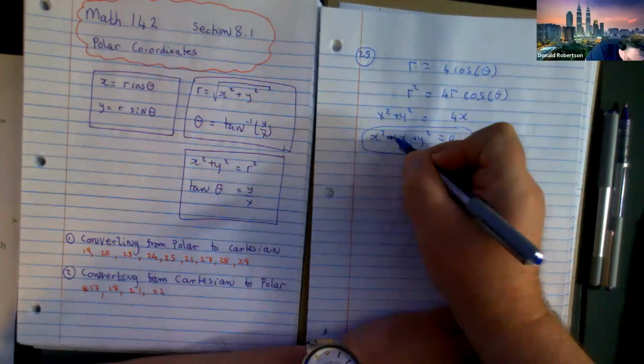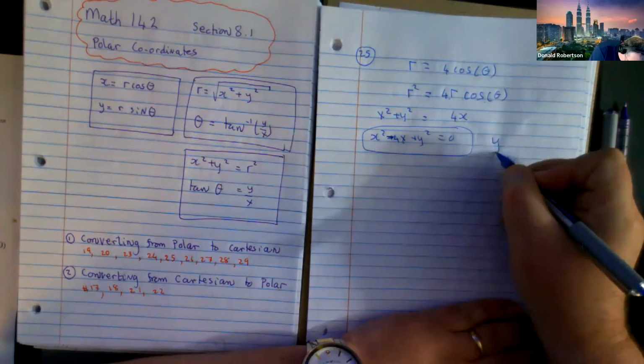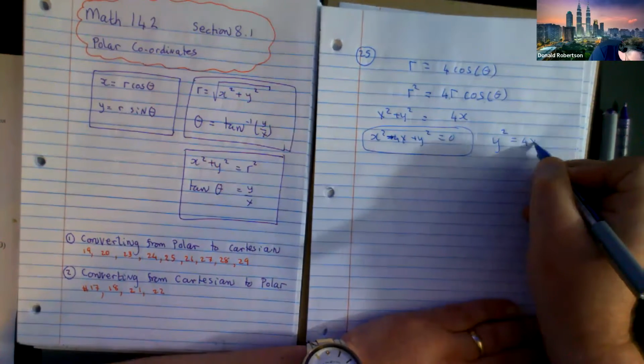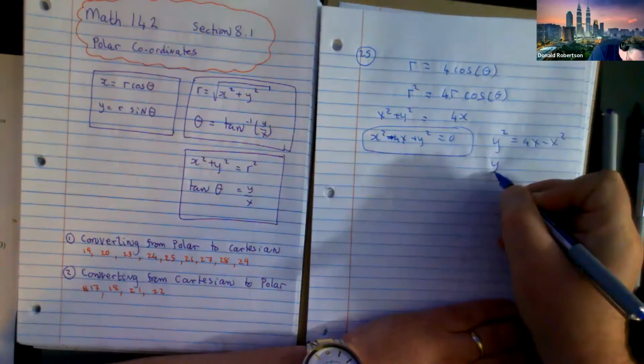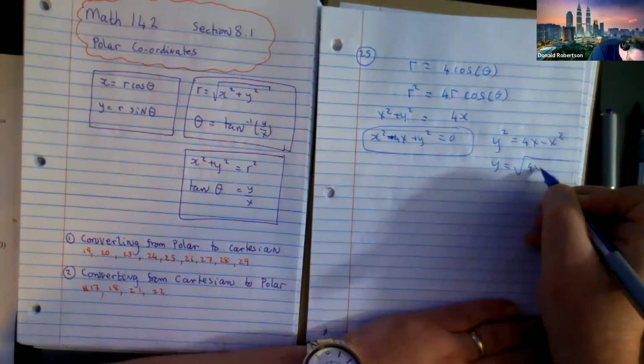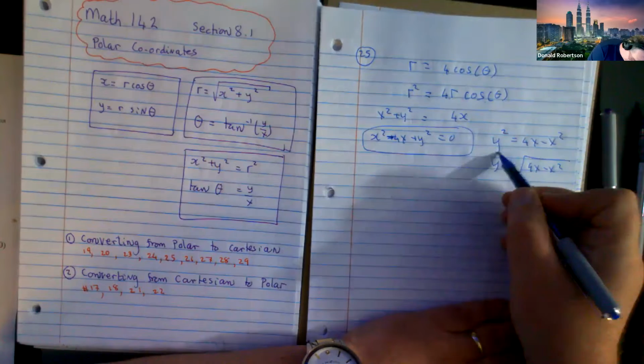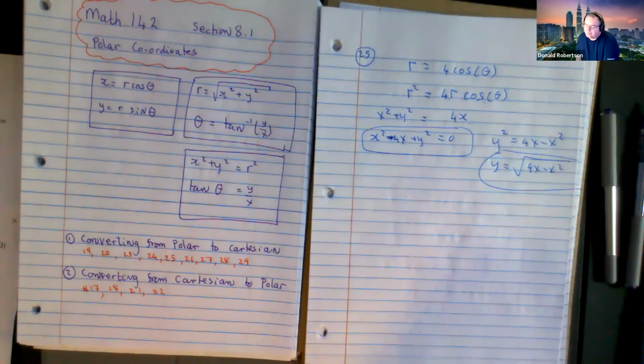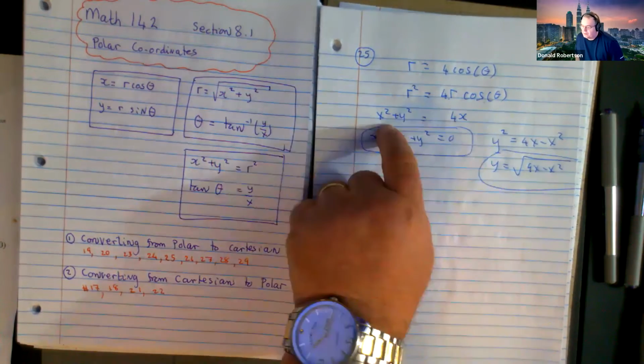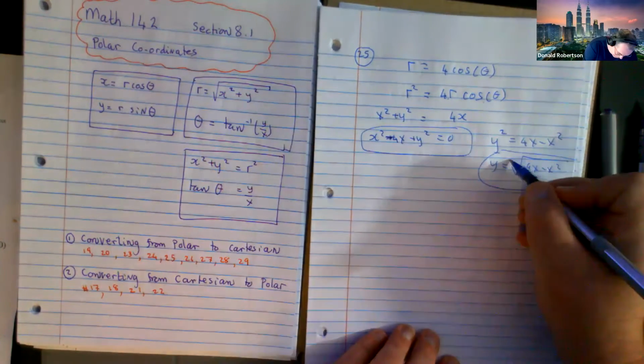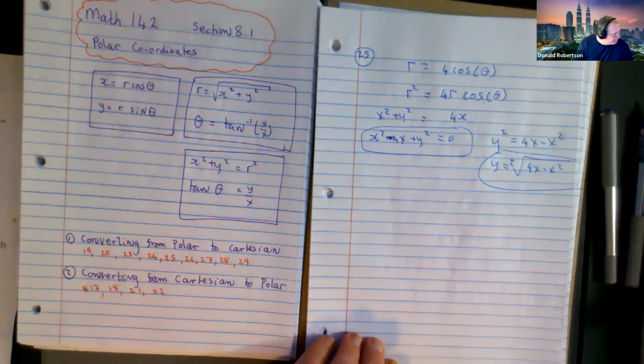Yes, it would. Or I could do y squared is 4x minus x squared, and y is the square root of 4x minus x squared. Yeah, I could have done that as well, I guess. You agree that and that are the same, technically plus or minus, but they're the same.